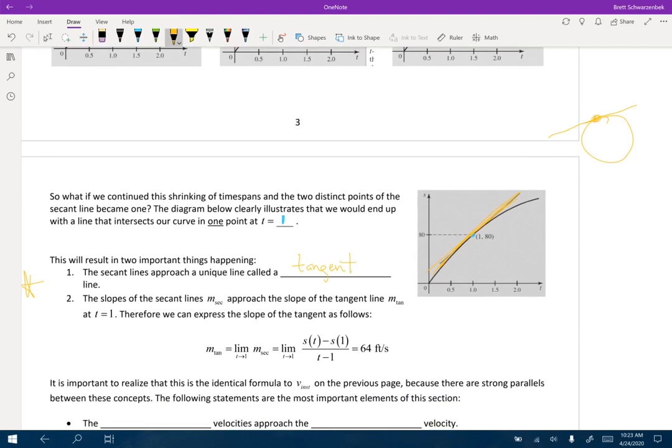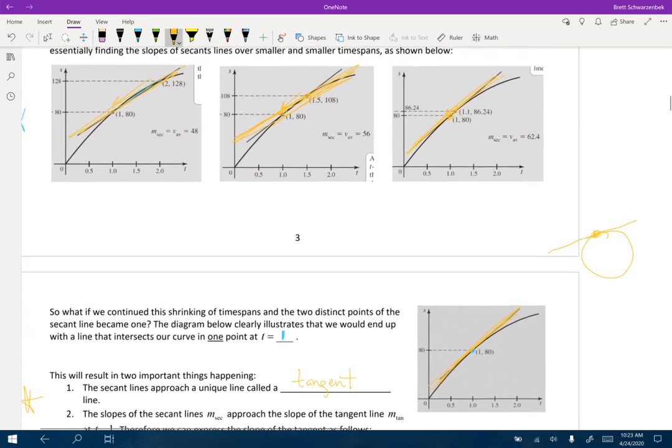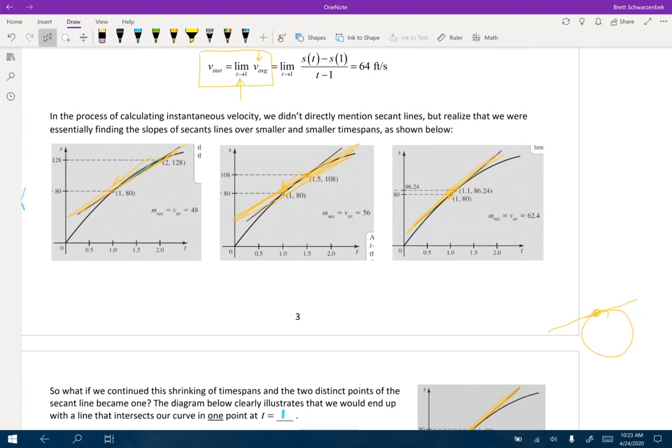Okay, so what does that mean? That means the slopes of the secant lines approach the slope of the tangent line at t is equal to 1. Therefore, we can basically express the slope of the tangent as the limit of the secant as t approaches 1. So I know there's a lot of technicality here, and students sometimes drown in technicality, but that is what's happening.